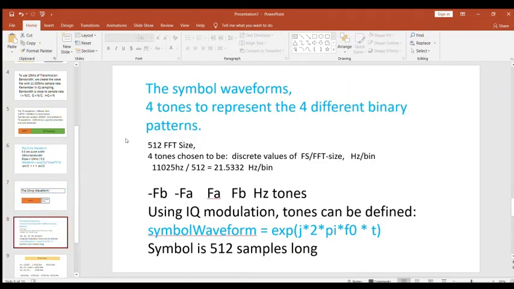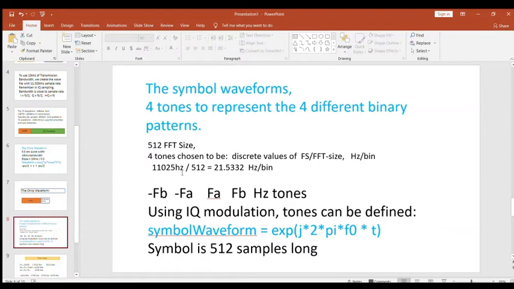Alright, well now we have all these bits, and we need to represent each bit by discrete tones. In my case, I used 4 tones. So generally, the idea is if you know the FFT size, you want to pick the tones such that the tones will be in exact bins of the FFT. Well, how do you do that?